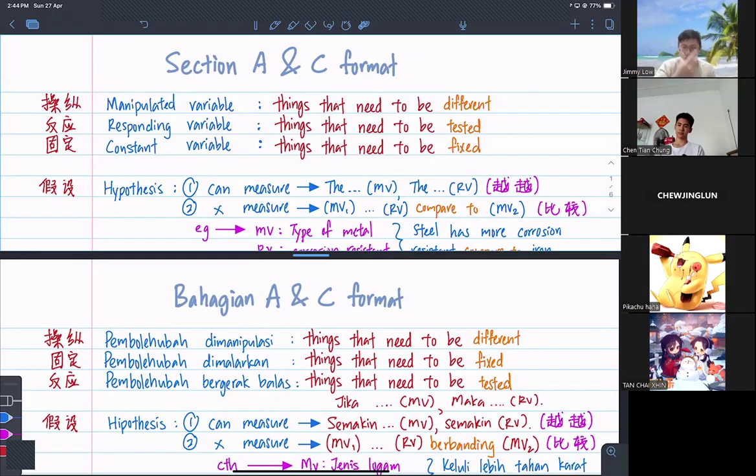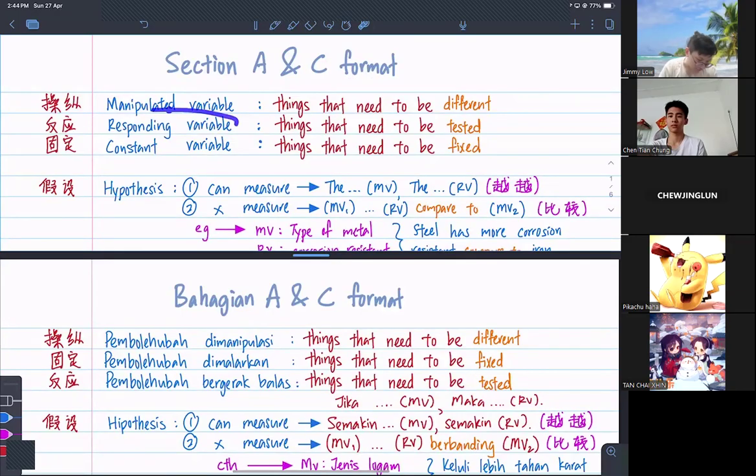One more thing is the question that asks you the way to control it, cara untuk mengawalnya. When the question says what is the way to control the manipulated variable, the keyword is memastikan in BM. In English, it's so-called make sure lah. You make sure something has been done. If the question says manipulated variable, then you say make sure what thing is different.